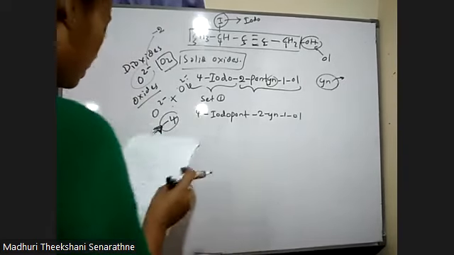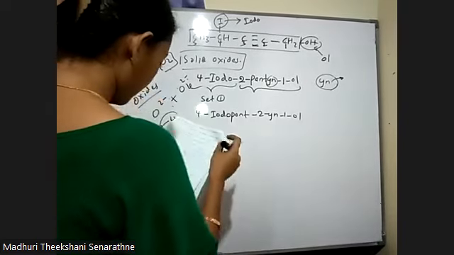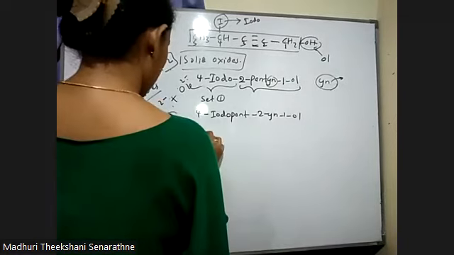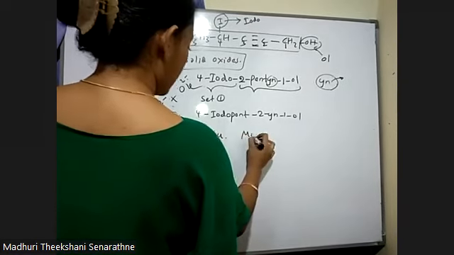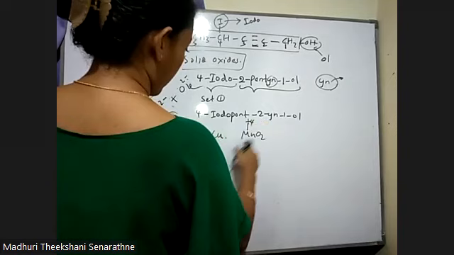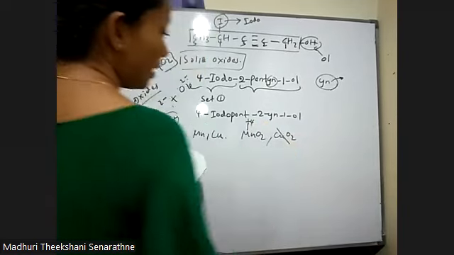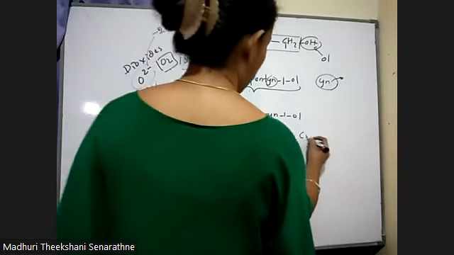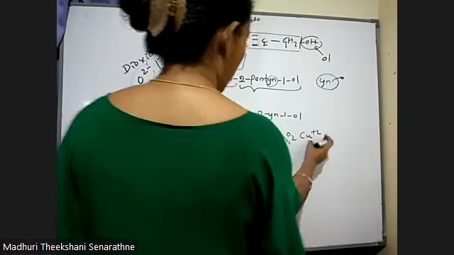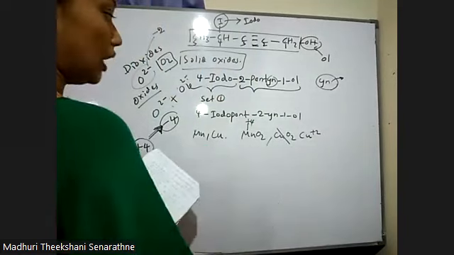First pair, manganese and copper. Manganese, MnO2, +4, okay, but copper dioxide, no. The highest oxidation number of copper is 2 plus. Therefore, copper cannot make dioxides.